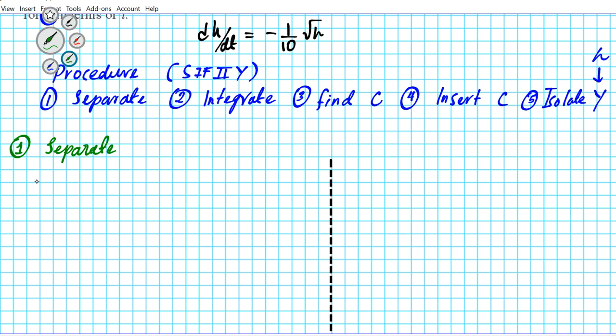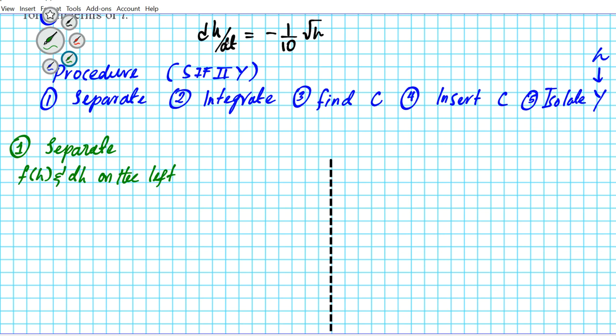So to separate, what are we separating? The dependent variable on the left side, so f of h and dh will be on the left. How do we know that? Well, for a differential equation, as I indicated, the dependent variable is h. dh is in the numerator on the left, so that's what you use.